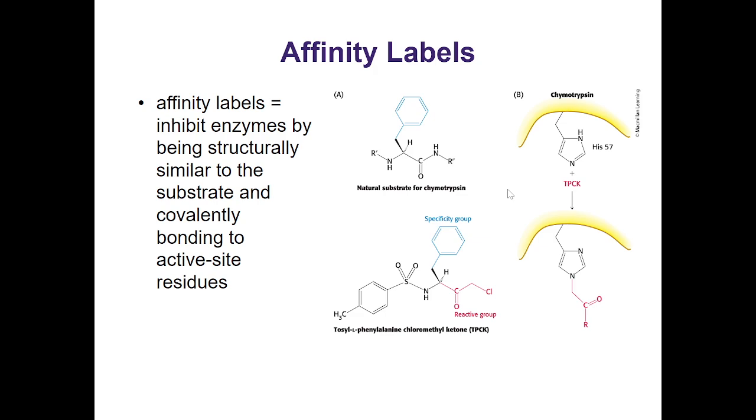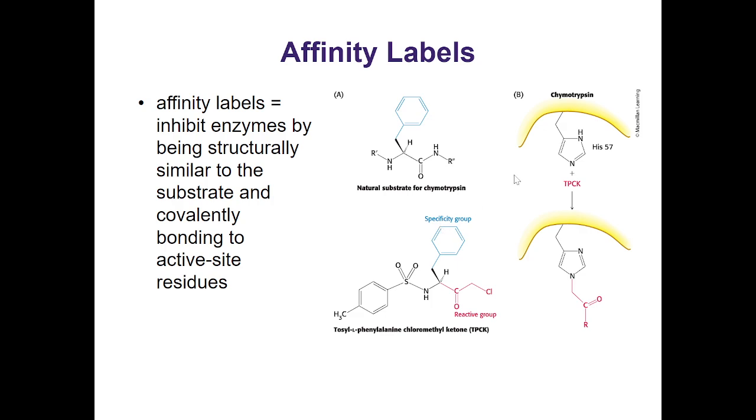This is actually an affinity label. These are going to inhibit enzymes by being structurally similar to the substrate and covalently bonding to the active site residues. So what we have here is the natural substrate for the chymotrypsin. This is the chymotrypsin, by the way. This right here is then the specificity group.